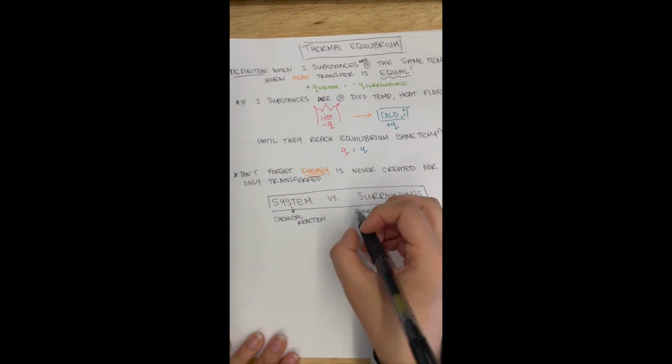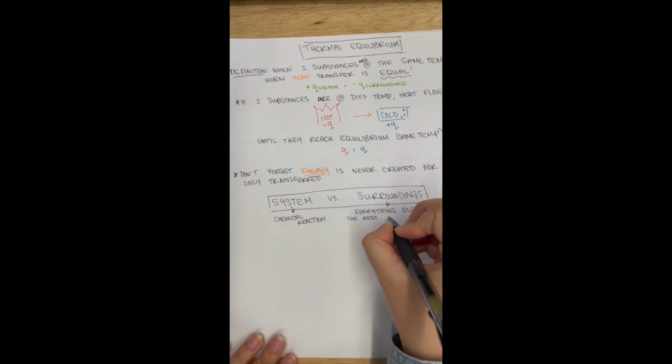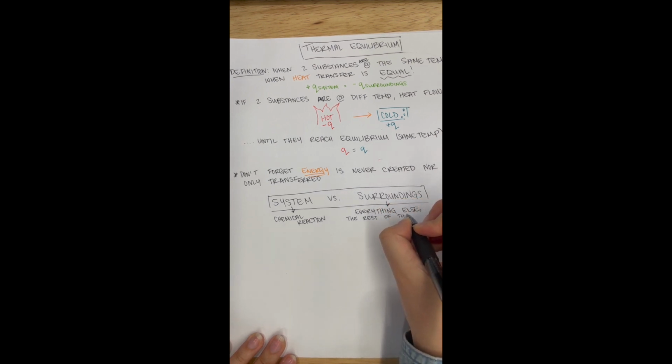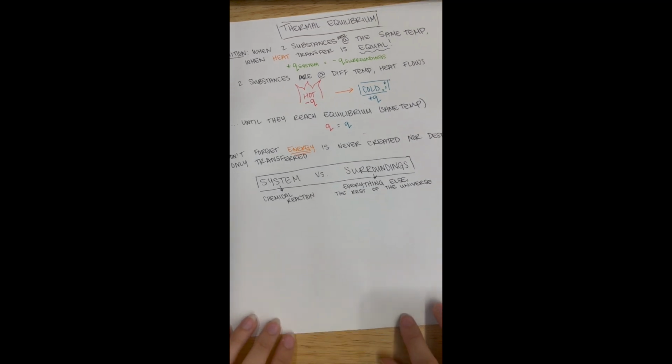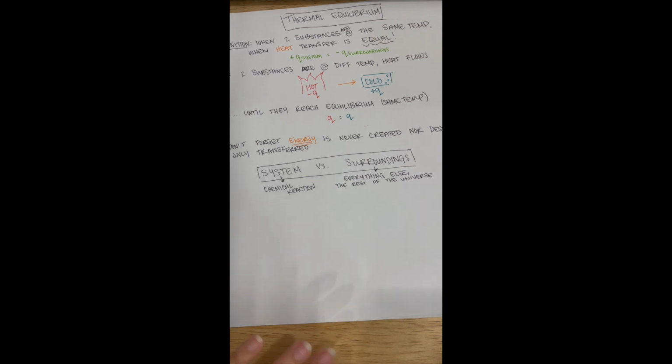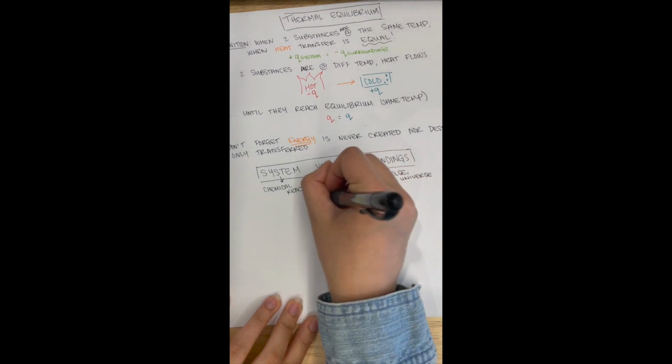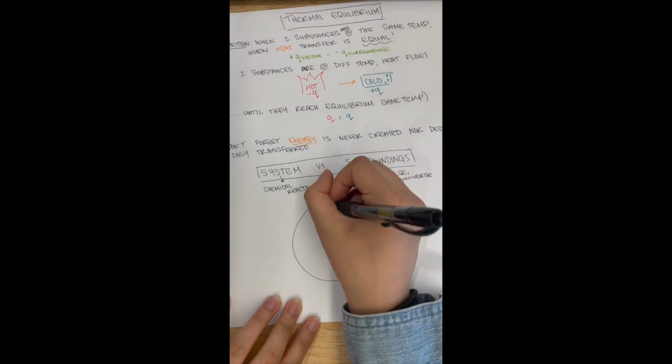This is the rest of the universe. So it's not a small everything else. It's not just, you know, my hand or something else, but it's the entire world. It's our universe.